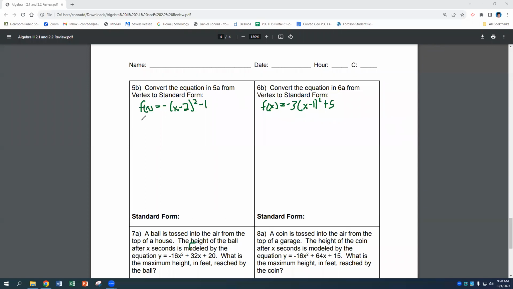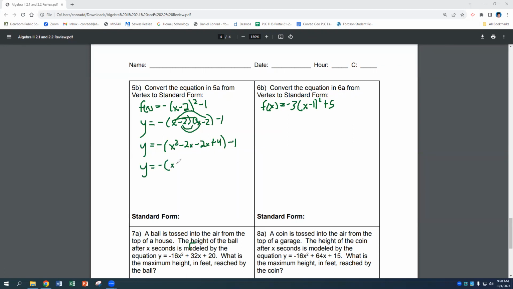All right, so if we multiply these out, I'm just going to use y here, make it easier. Y equals negative x minus 2 times x minus 2 minus 1. Y equals negative, and then a big parentheses, I'm going to do x squared, right? X times x is x squared. X times -2 is -2x, -2x plus 4, right? First, outer, inner, last. I'm going to combine like terms in the parentheses first.